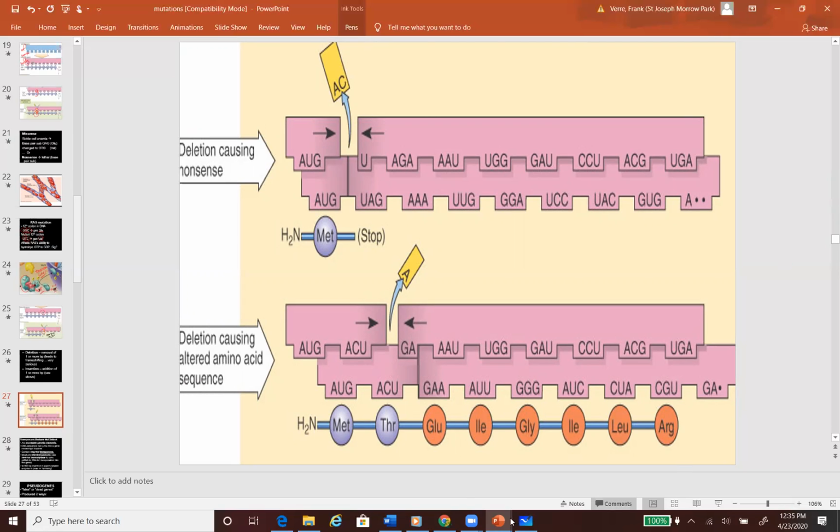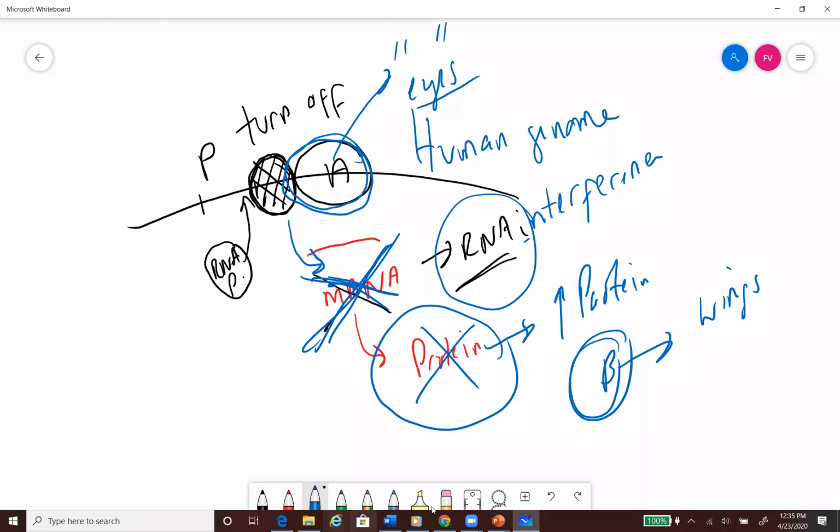I'm going to show you why with an example using a statement, okay? So I'm going to write something on my canvas. Here we go.